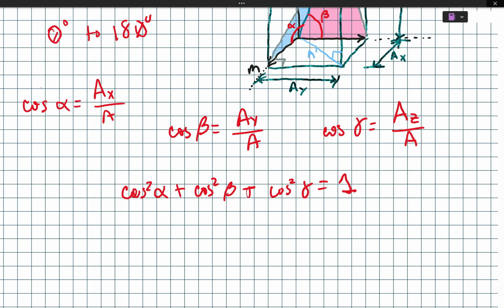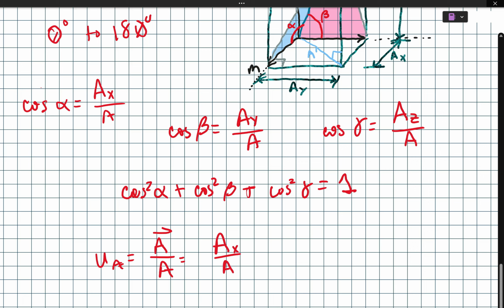If you recall the formula for finding the unit vector of any position vector, u sub A is vector A over A, which is going to give us a sub x over A i plus a sub y over A j plus a sub z over A k direction.